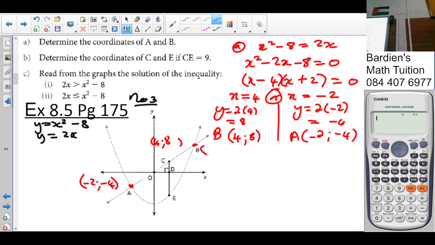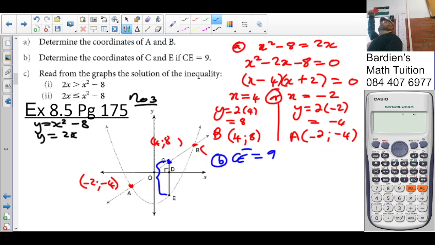Then, in question B, they said, determine the coordinates of C, if EC is 9 units. So CE or EC, the length of that is 9 units. So what do we do there? Distance between two graphs, what do we do?